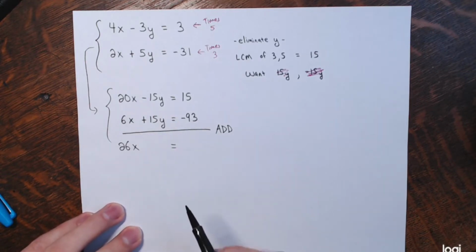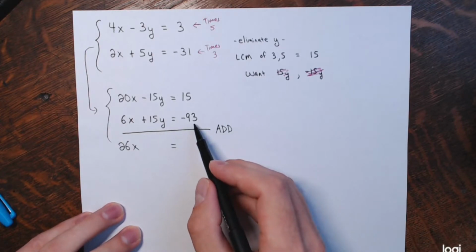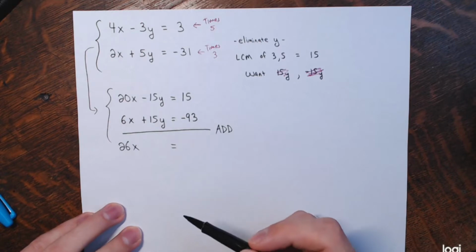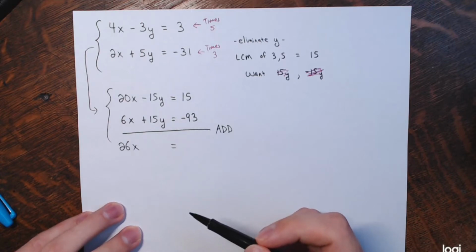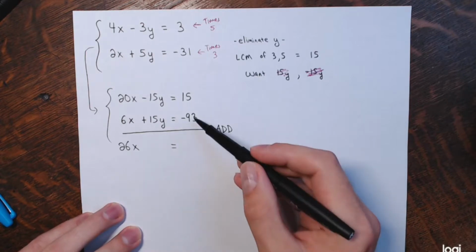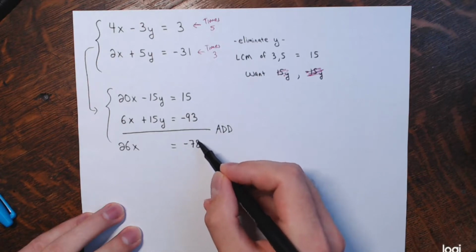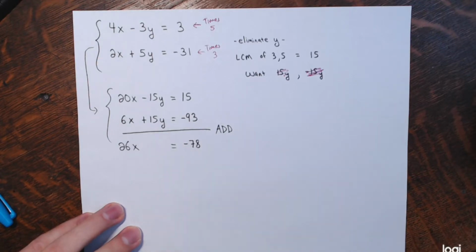And then on the other side, 15 minus 93 would be negative 78, because 78 plus 15 would be 93.